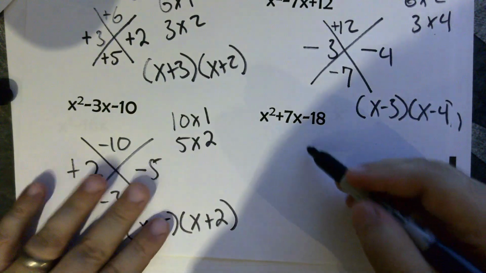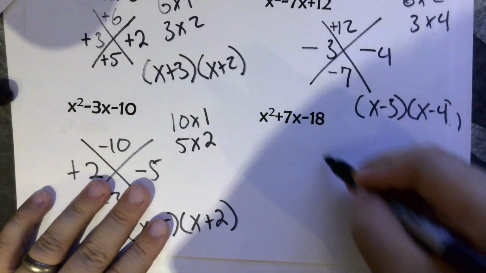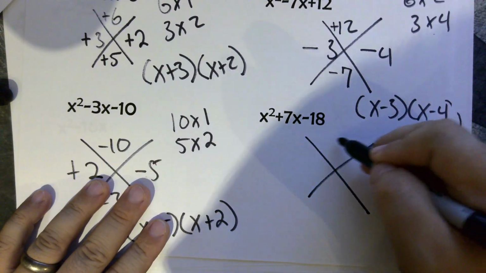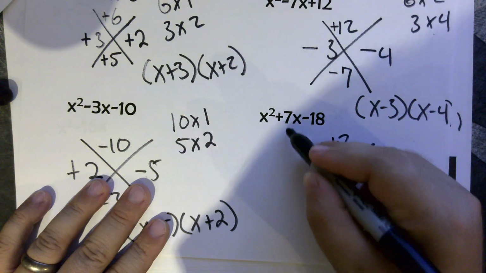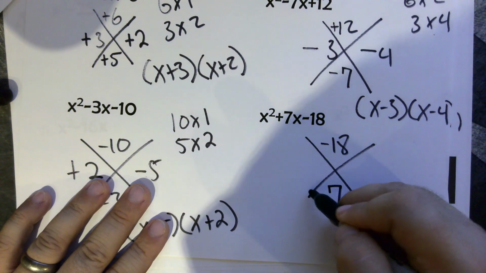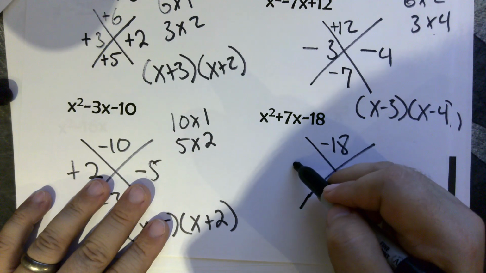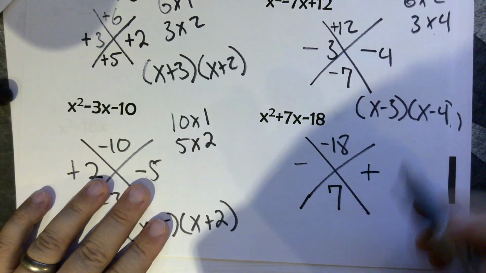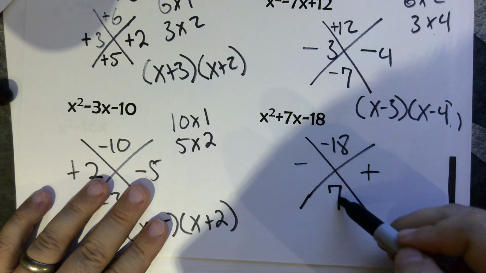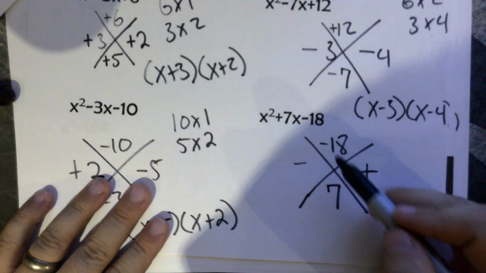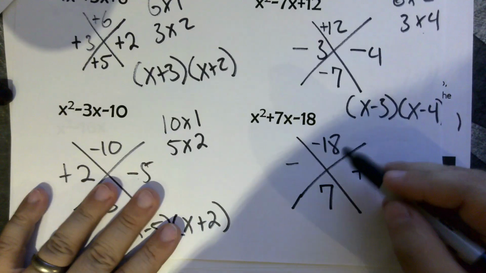And then my final one, x squared plus 7x minus 18. This time my c is negative and my b is positive. So we still have to have a positive and a negative, or a negative and a positive. It doesn't matter which is which. And this time my positive has to beat my negative by 7. So how can I get 18?